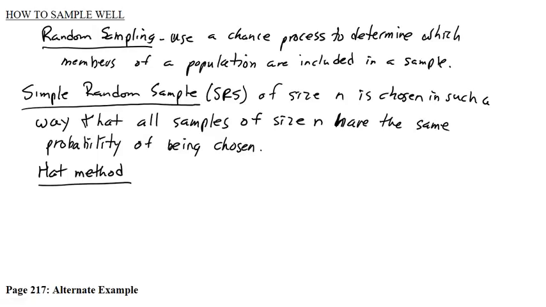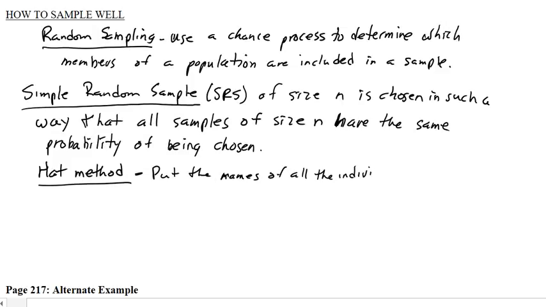The HAT method can be done a couple ways, but one way is to put the names of all the individuals, or you could also number all the individuals and put the numbers, on equal sized pieces of paper. It's important that they're equal sized pieces of paper.